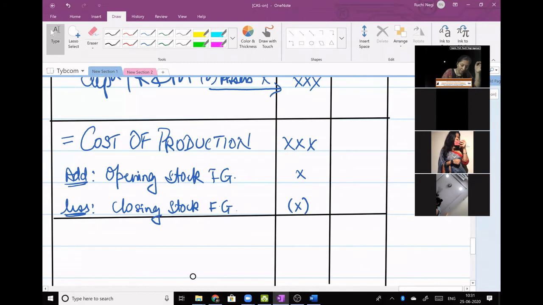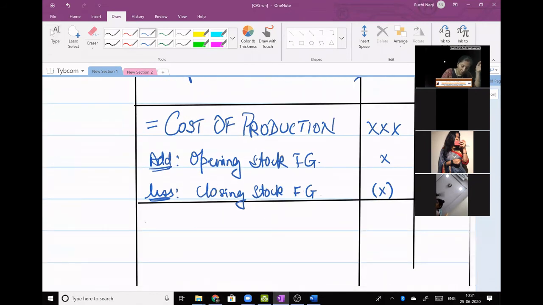This will give me cost of goods sold. You have all learned this in stock valuation, weighted average, FIFO. There you have learned all this cost of goods sold calculation.